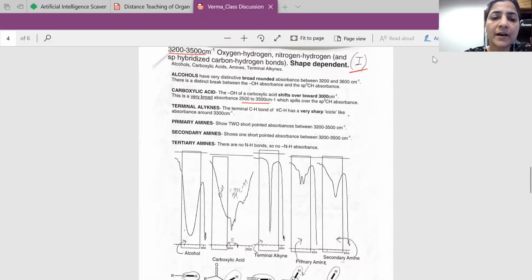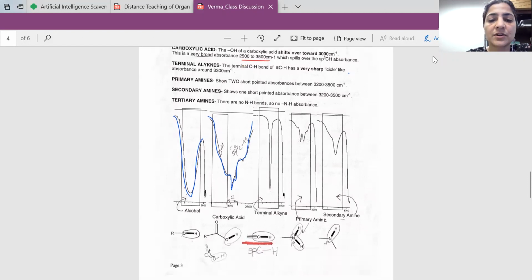If you look at our OH peak type, this is the shape of the peak that we see. But if you see the OH which is attached to a carboxylic, the broadening of the peak is visible.